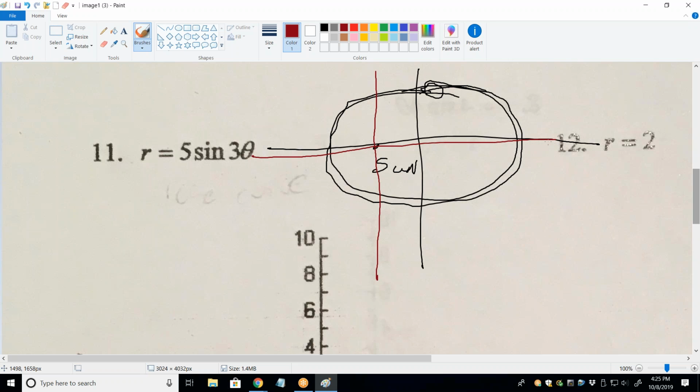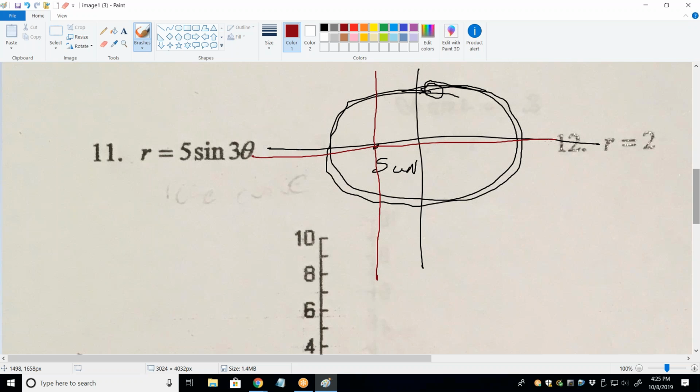Some of these other shapes you probably want to memorize. I guess, I don't know, you're going to be tested on these? Yes, sir. In a similar manner as what we just did. They're just going to give you a polar equation and ask you to graph it.